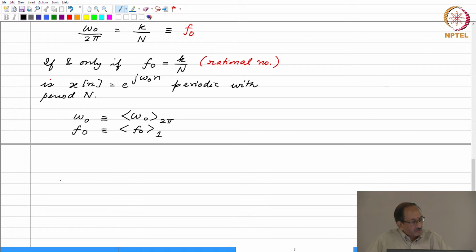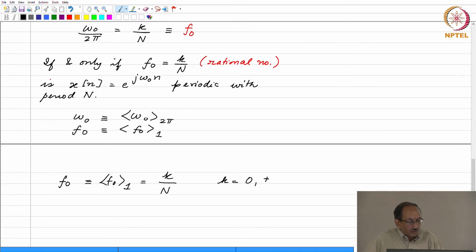So, this means that f naught, which is f naught mod 1, remember f naught for the exponential to be periodic has to be of the form k by N, and k takes on the values 0, plus or minus 1, plus or minus 2, and so on.